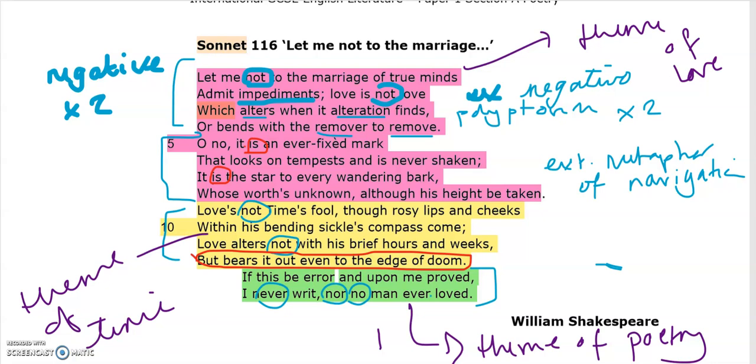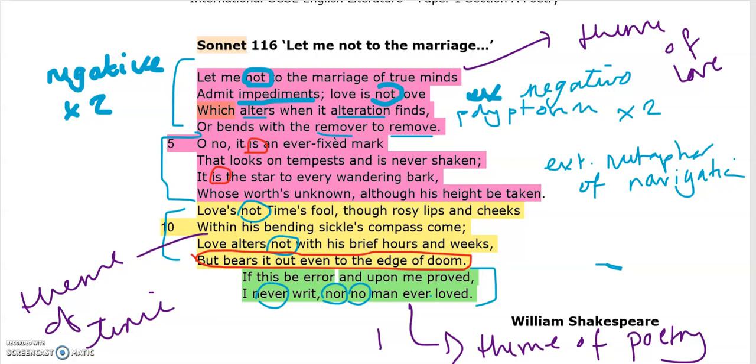So then he goes on to define love, the nature of love. Okay, that's what the whole next bit in pink is about. Love is not love which alters when it alteration finds, nor bends with the remover to remove. So again, this is 2 things about the qualities of love, both phrased in the negative. The first one is that love is constant. So love is not love which alters when it alteration finds.